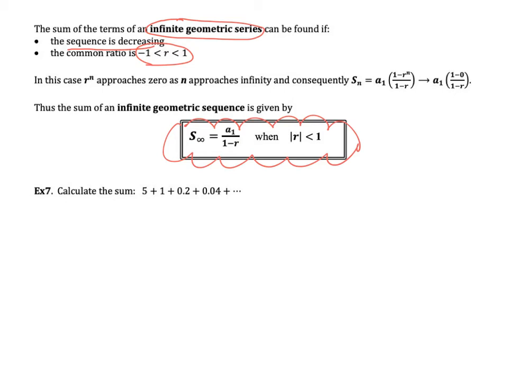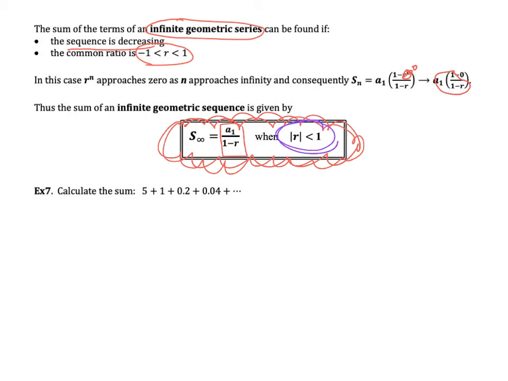Well, when your common ratio is less than 1, we just showed that it's going to approach 0. So this 1 minus r to the nth power becomes 1 minus 0, so we just get a sub 1 times 1 divided by 1 minus r. So the infinite geometric sequence formula is probably the easiest one you're going to have. It's just a sub 1 divided by 1 minus r.